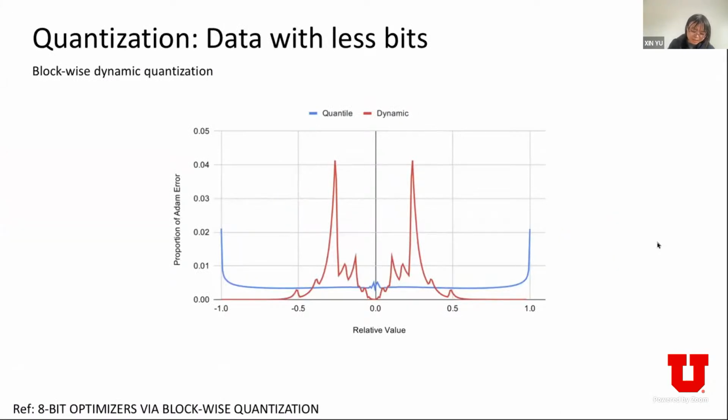As you can see, the relative error is large for values close to Qmin and Qmax, and for the other part, the relative error is small. That's the benefit.